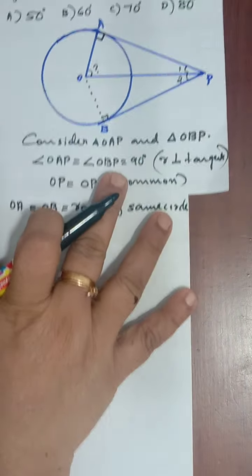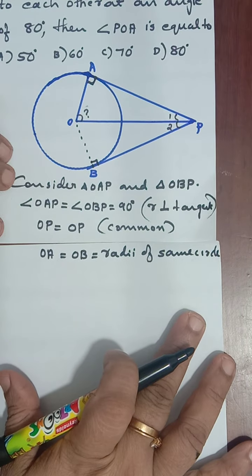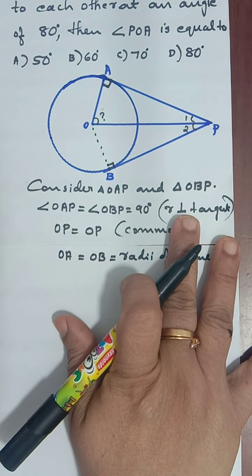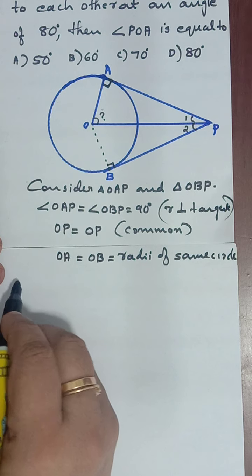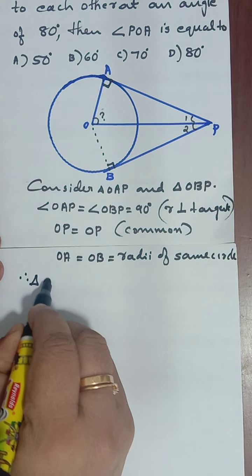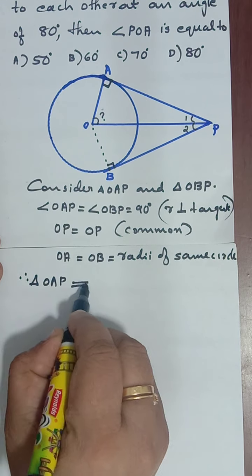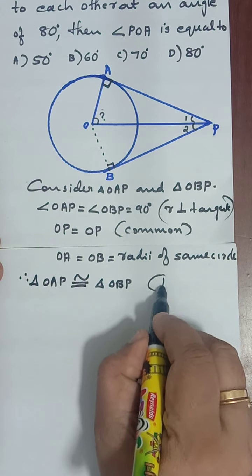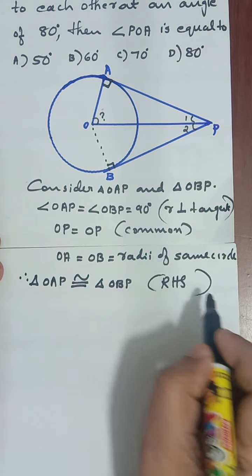Therefore, these two triangles are congruent. Therefore, triangle OAP is congruent to triangle OBP. It is the RHS congruence rule.